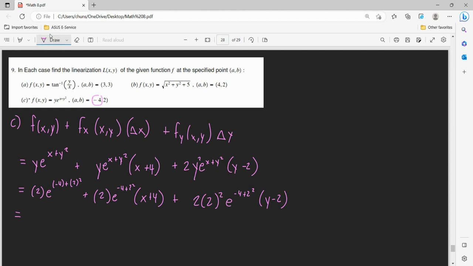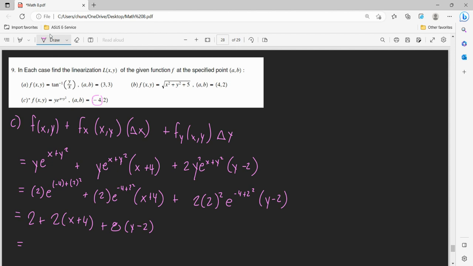Okay, so this is just going to be 0 in the exponent, so that's just going to be 1. So this is 2 plus 2 times x plus 4, and this is plus 8, and that's y minus 2.